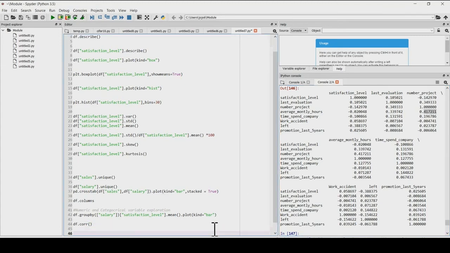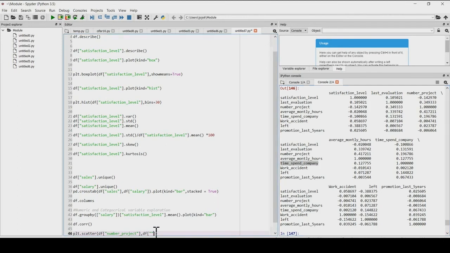So here I'll just use the matplotlib library, plt.scatterplot, and I'll pass in the x and y variables. Let's pass df, and I'll pass, let's say, number project. And I'll pass a second variable, which would be time spent with the company.